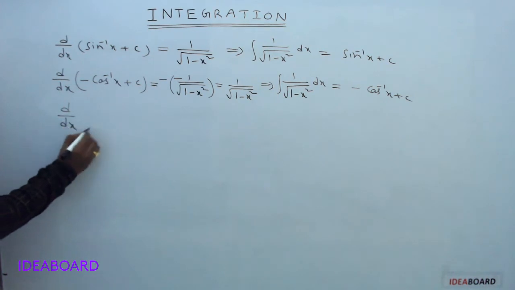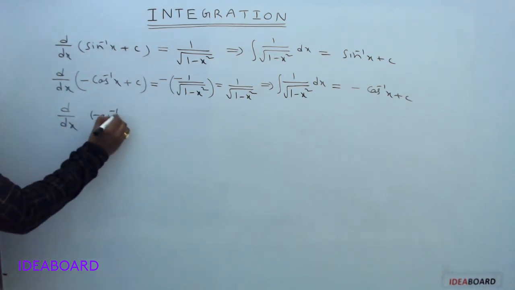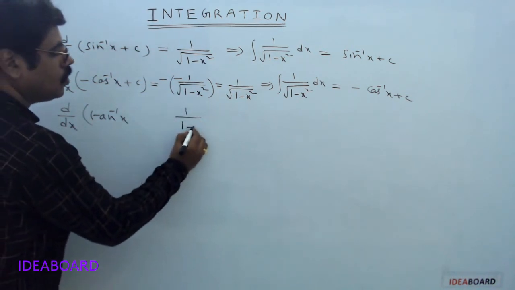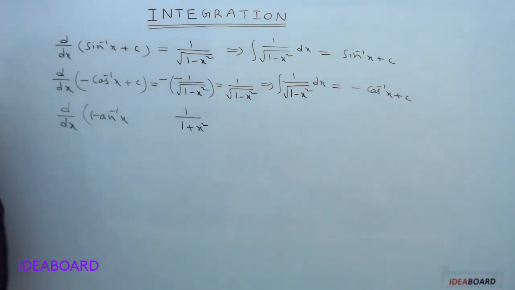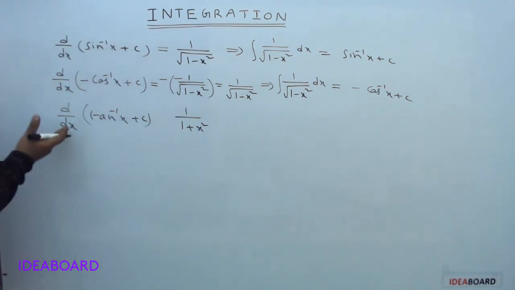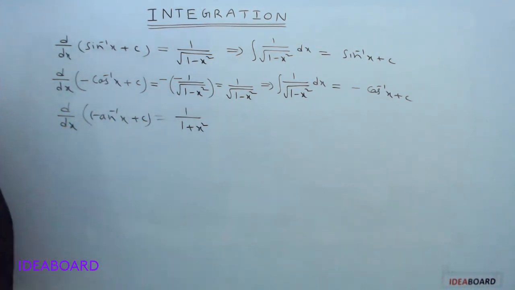Next, what is the derivative of tan inverse of x? Derivative of tan inverse of x is 1 by 1 plus x square. If you add a constant term, then also derivative of this function is 1 upon 1 plus x square.